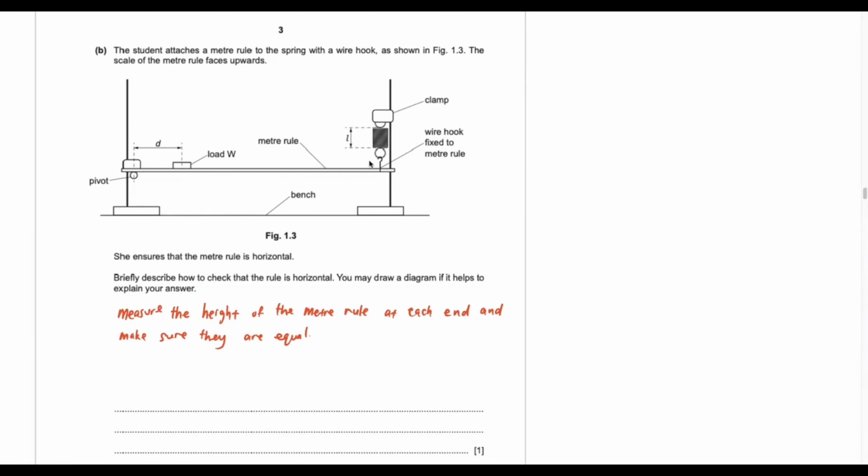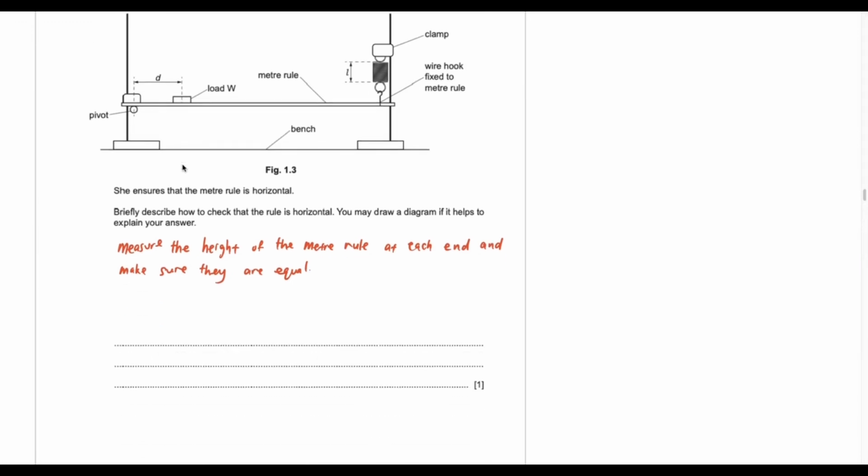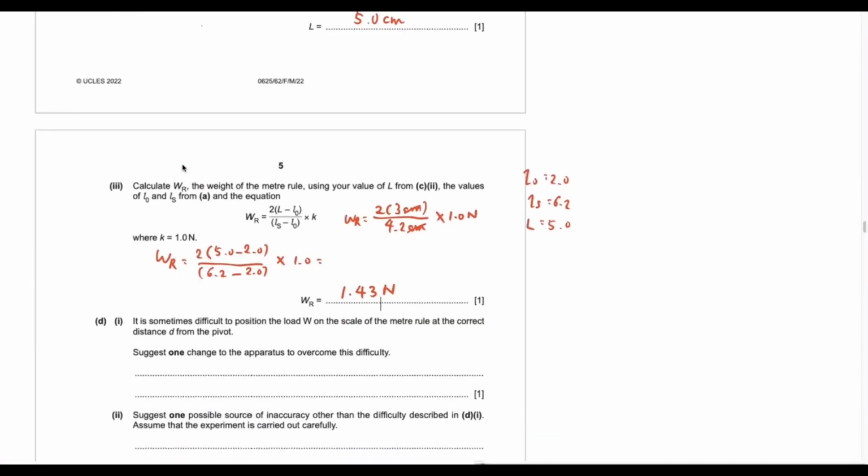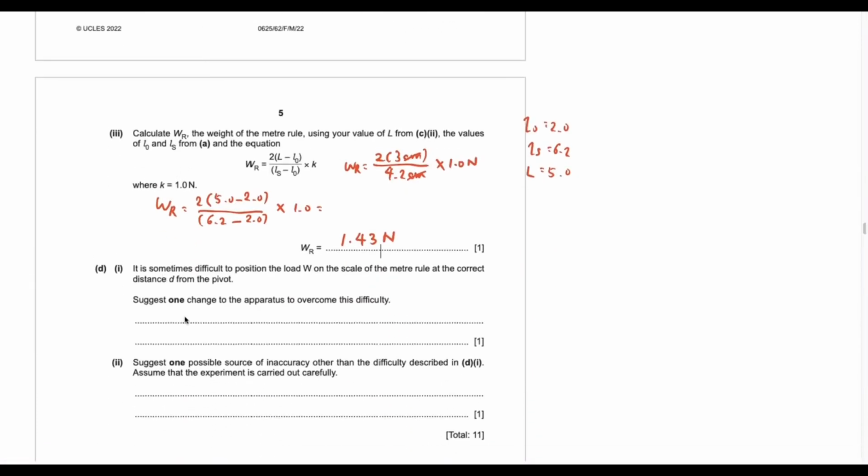Sometimes it's a bit hard because when you put the load here, the spring is extended, and the ruler goes down a little bit, and maybe the load slides down. To avoid that, you have to suggest a suitable way.